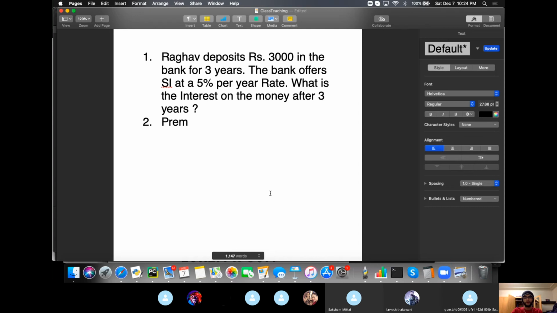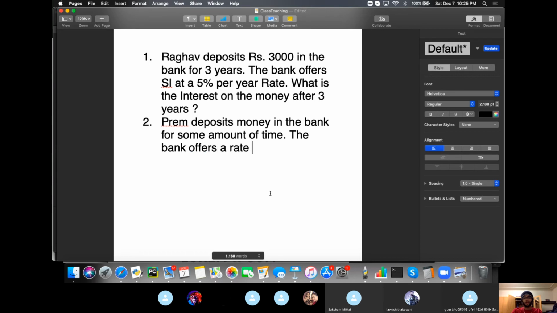Prem deposits money in the bank for some amount of time. The bank offers a rate of 12% per year.